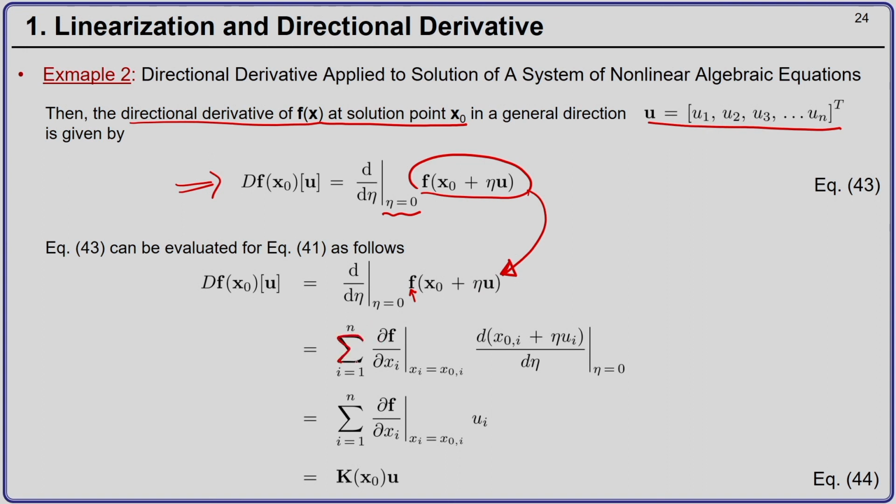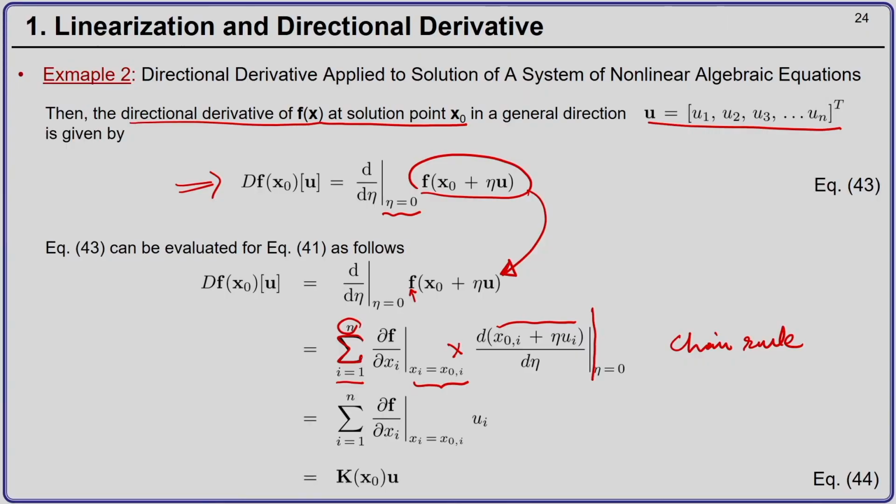summation over i equal to 1 to n del f by del x i evaluated at the solution point, into d by d eta of x 0 plus eta u i, evaluated at eta equal to 0. This is using chain rule, because f depends on x 0 plus eta u.